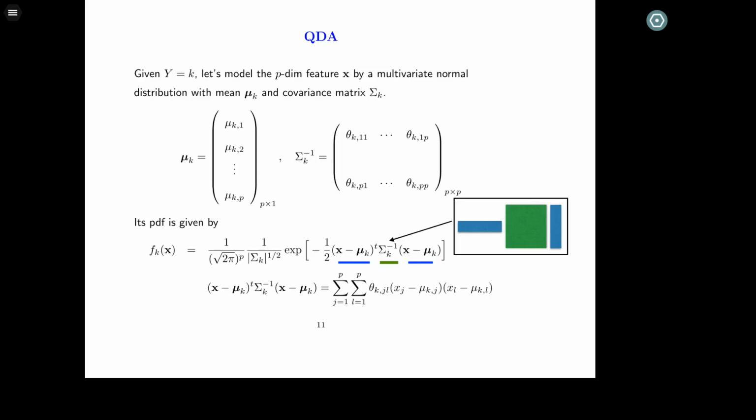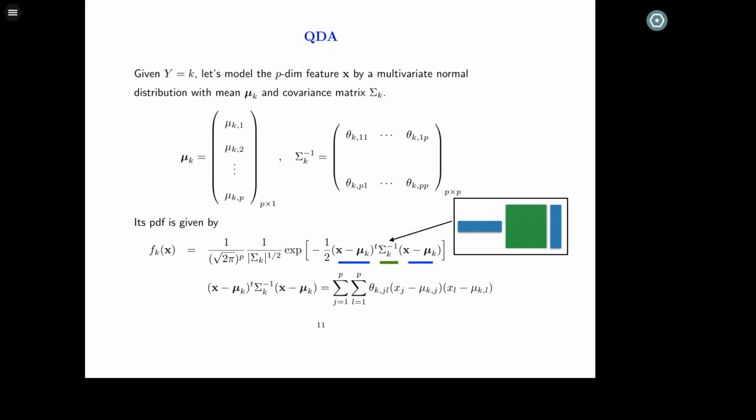So here's QDA. In QDA, we model the p-dimensional feature x in every group as a multivariate normal distribution with a mean vector mu k, which is p-dimensional, and a covariance matrix sigma k. What's relevant in the computation is actually the inverse of the covariance matrix, sigma k inverse, often known as the precision matrix. Here I denote each entry in the precision matrix as theta.